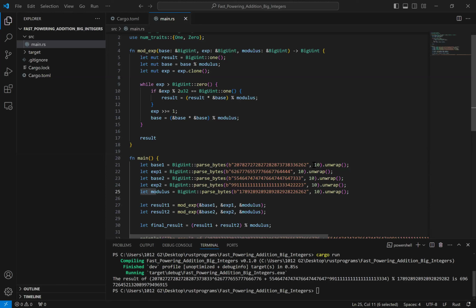Just a minute. Okay, so let me share again. I see the entire screen now, up to where I'm highlighting the unwrap.